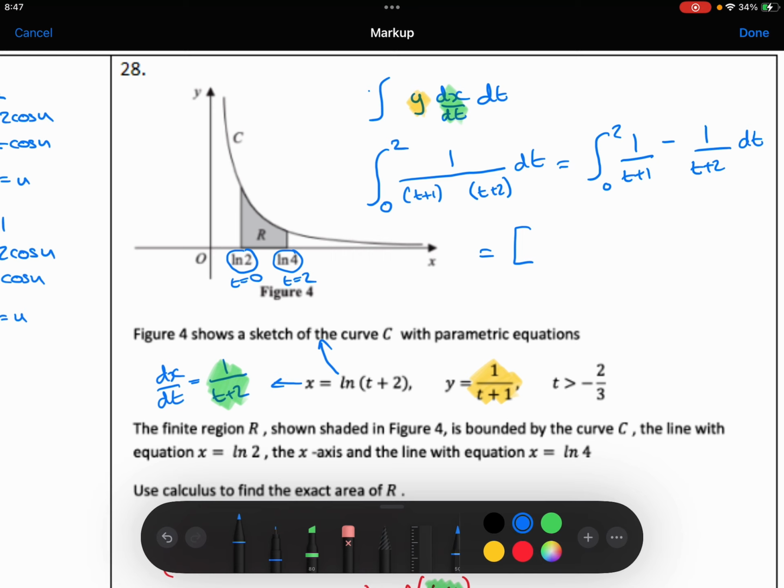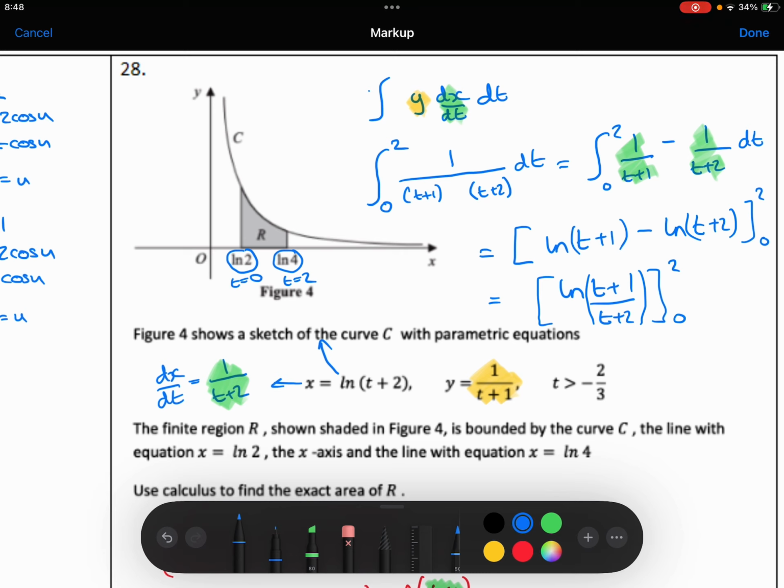Right, time to integrate. The 1 over t plus 1 will integrate to be ln of t plus 1, minus the 1 over t plus 2 will integrate to be ln of t plus 2. Now I'm going to just use the laws of logarithms to simplify that a little bit. So I'll have the t plus 1 divided by the t plus 2. Substituting my limits in then, so I'll substitute the 2 in first.